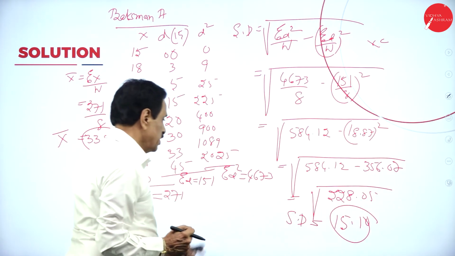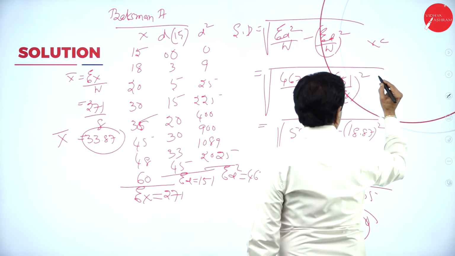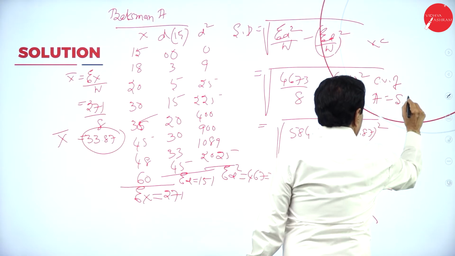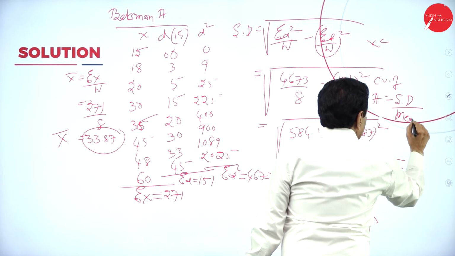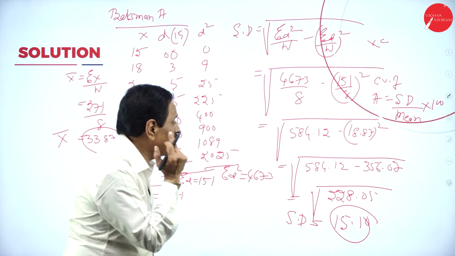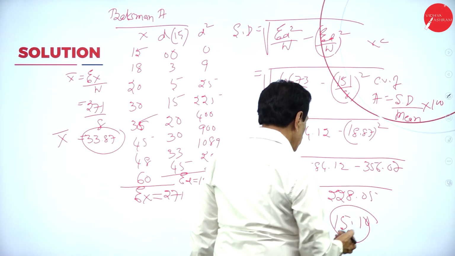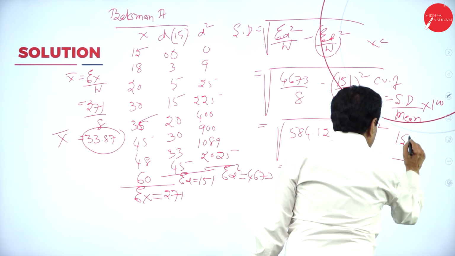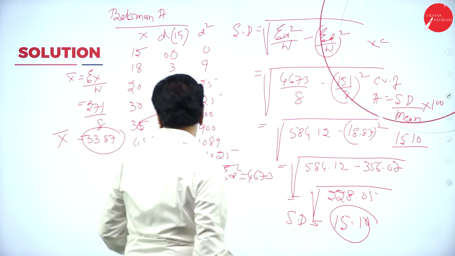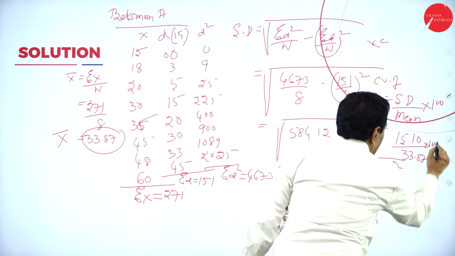CV of batsman A: the formula is standard deviation divided by mean into 100. What's your standard deviation? 15.10, divided by your mean, 33.87, into 100.